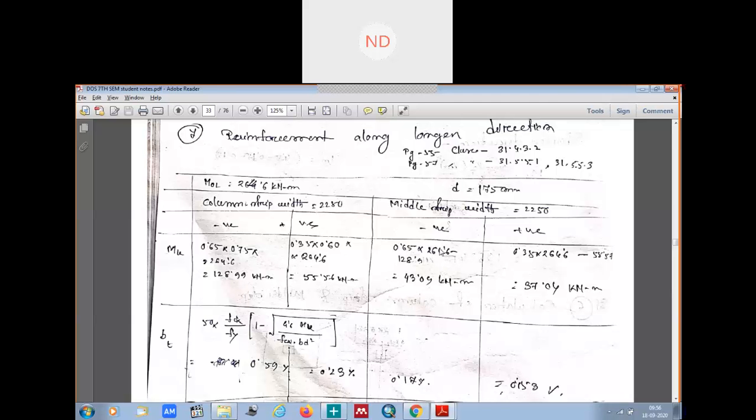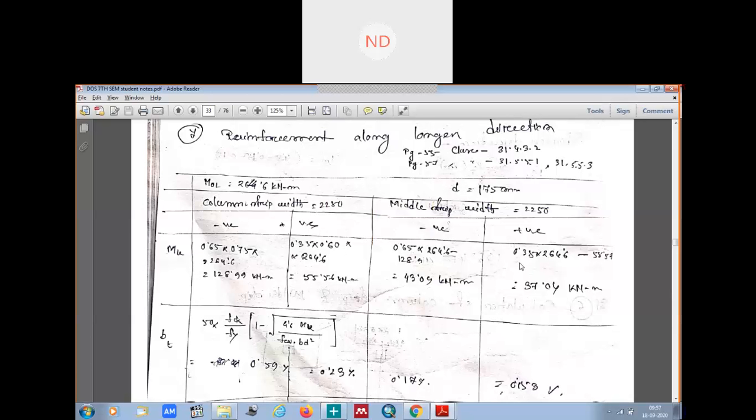So that's why we have subtracted this from the middle strip, according to the IS provision. 65% is to be distributed and 75% the column strip can resist, which we have already calculated, so we don't need to provide this reinforcement again. So we have subtracted this 128.99 from the middle strip negative moment.